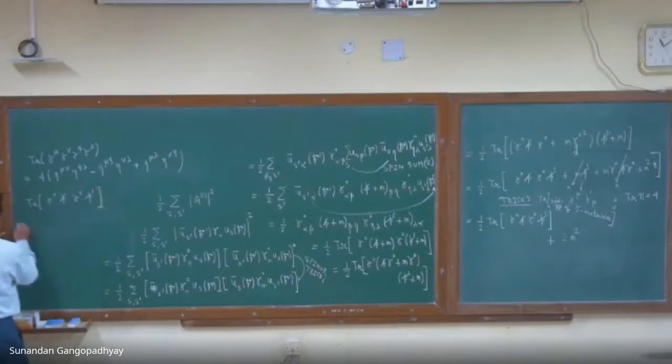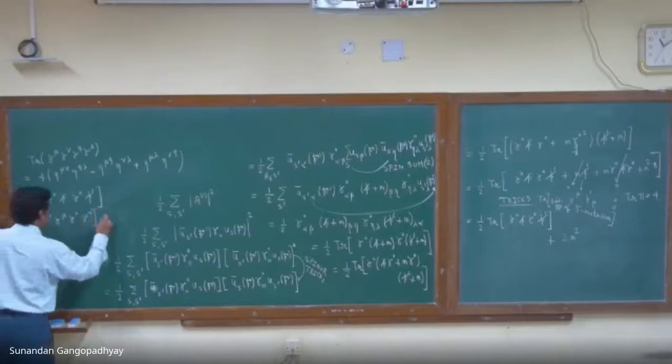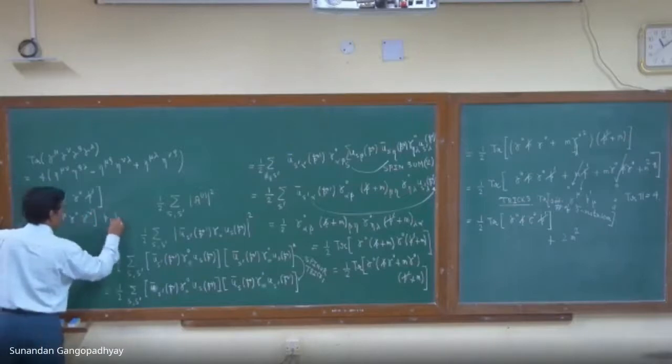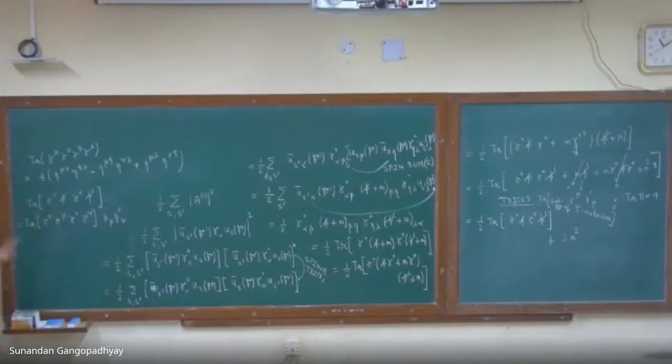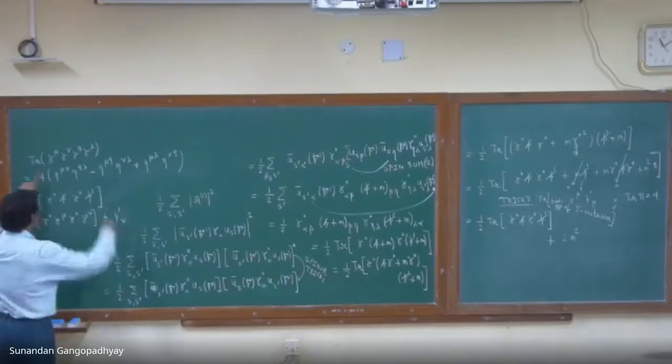But this is basically trace of gamma 0, gamma mu, gamma 0, gamma nu, times p mu, p prime nu. These are numbers, so you can take them outside. So this is a product of 4 gamma matrices, and therefore we need to use this formula.